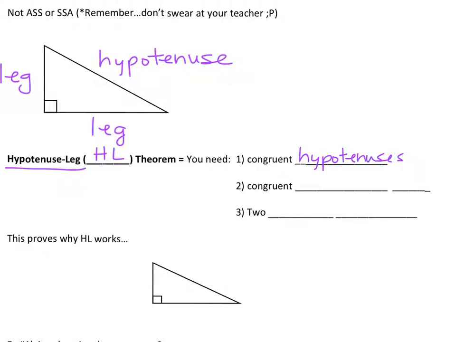Okay, so you must have the hypotenuse. You cannot just have the two legs and call it HL, okay? Now you can have the two legs and call it something else. I'll show you that in a minute. But if you're gonna call it HL, you have to have the hypotenuses. That's what the H stands for, okay? The second one is you have to have congruent corresponding legs.